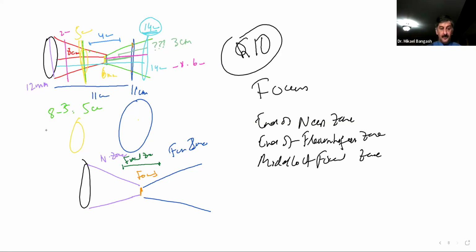Now, when we say focus, that refers to this point here. Did that make sense? When we say the end of your near zone, what do you have at the end of your near zone?